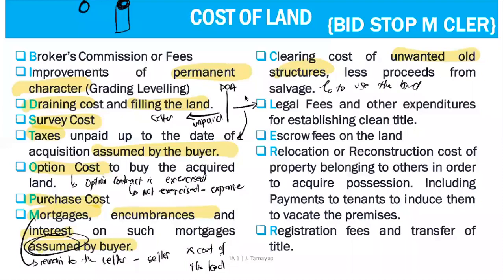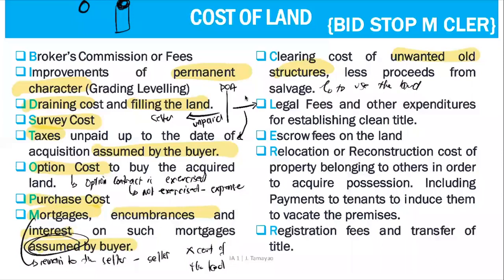So a while back, we were talking about your clearing costs. Take note, guys, this clearing cost must be for the present location and condition of the land. So ibig sabihin nito, kailangan tinanggal mo yung mga structures para magamit mismo yung land. Pero kung iba yung rason para tanggalin mo yung old structures doon sa land, hindi siya idadagdag sa land. Okay?